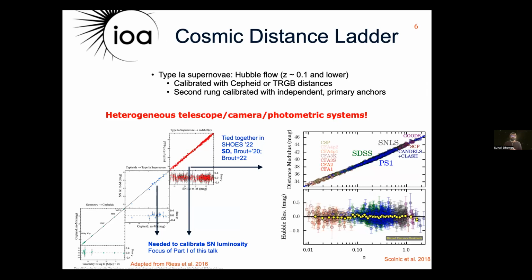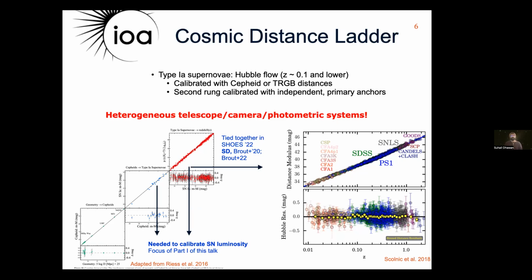And what do I mean by that specifically? So just how is H0 measured with the local distance ladder? Now, the luminosity of type 1A supernovae in the nearby Hubble flow, which is rung 3 in the distance ladder, is calibrated with independent distances, in this case showing it with Cepheids, but it is also calibrated with other distance indicators like the tip of the red giant branch.